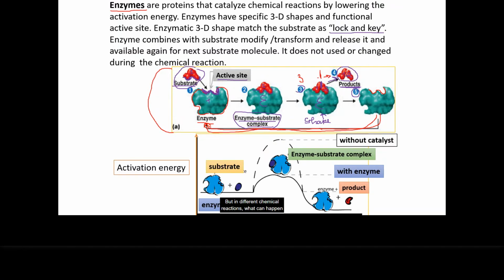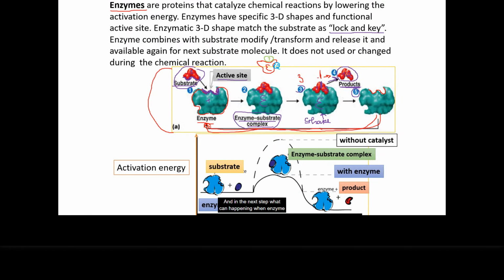But in different chemical reactions, what can happen is that enzymes sometimes have two separate active sites. Like in here, if we have one red enzyme and it has two active sites, one is green for one substrate and one is blue in here, the active site for the second substrate.